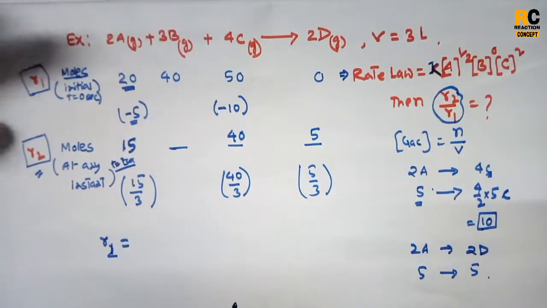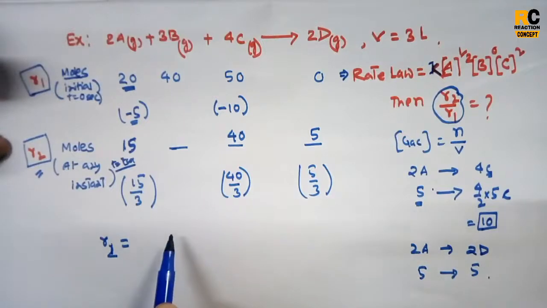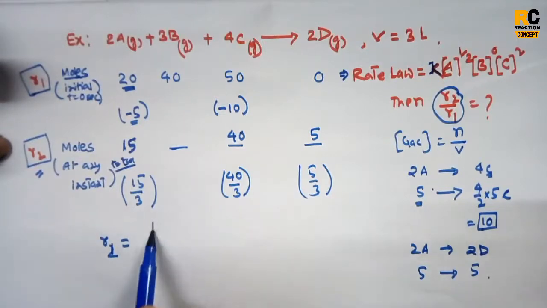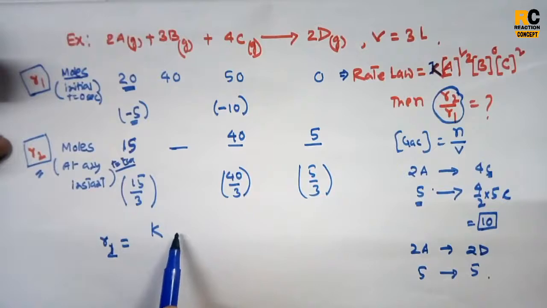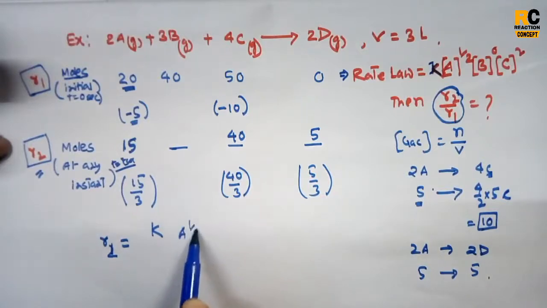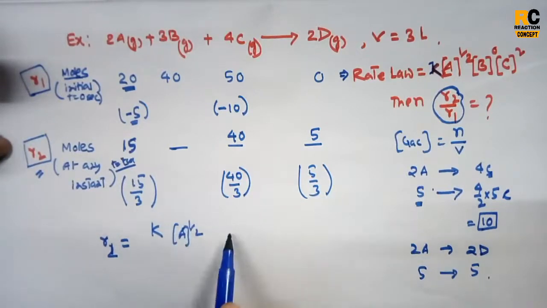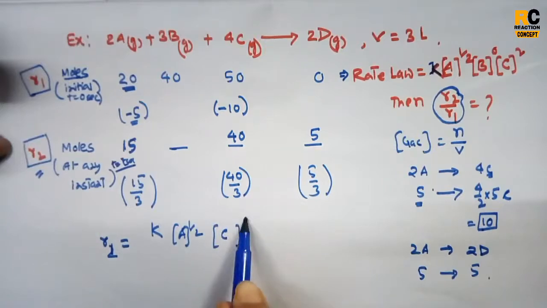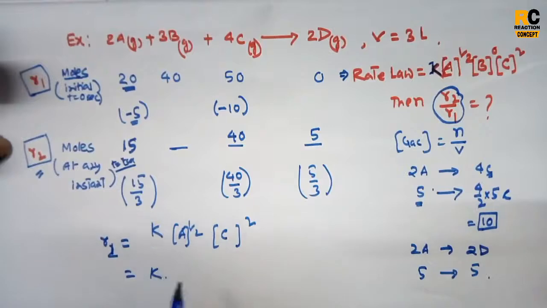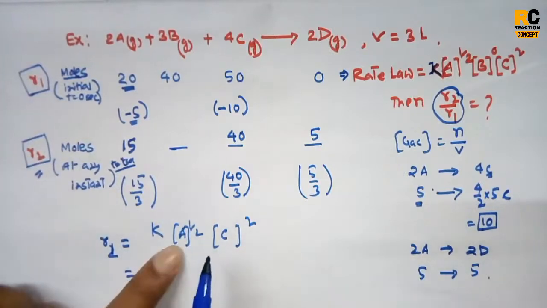What would be the expression for R2? It would be K into A to the power half into C to the power 2.